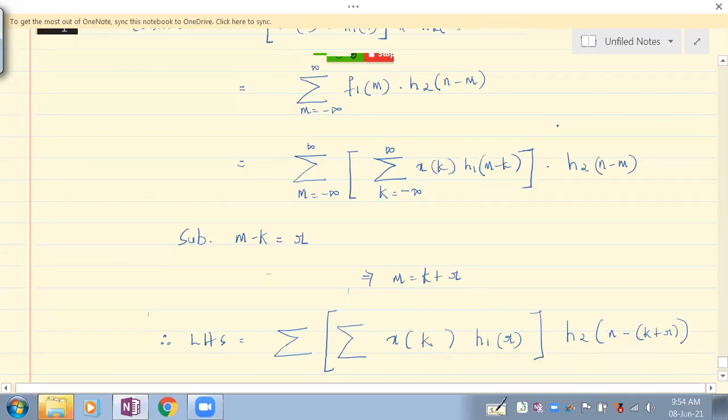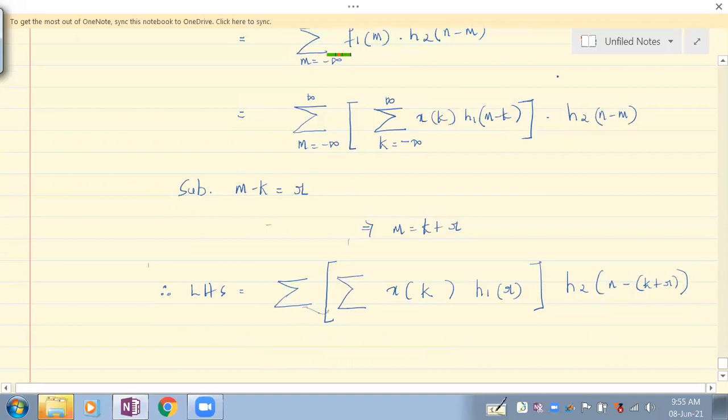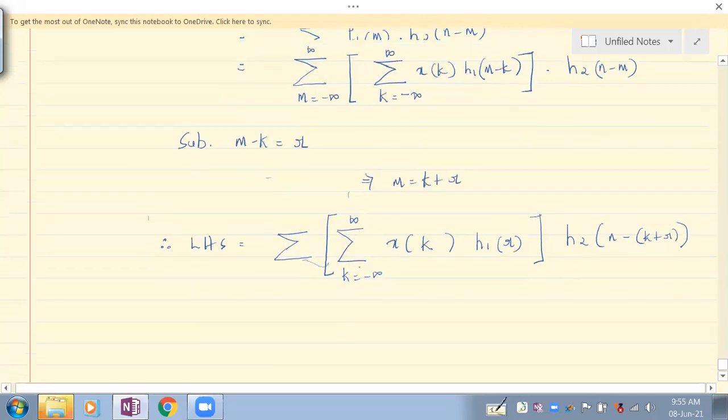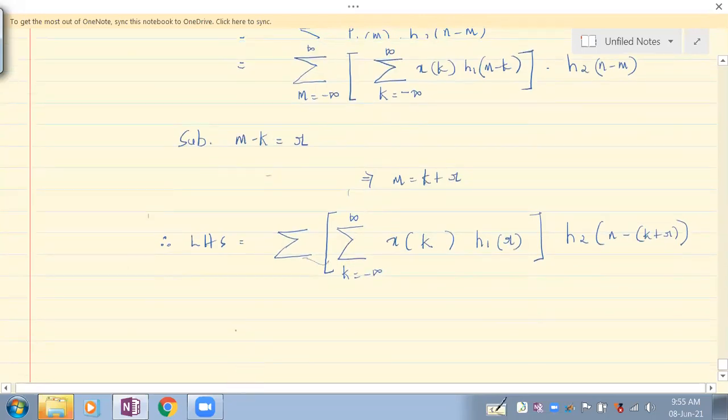Then we have here k ranging from minus infinity to plus infinity. Let's keep this summation out, k ranging from minus infinity to plus infinity, x of k we shall keep out.